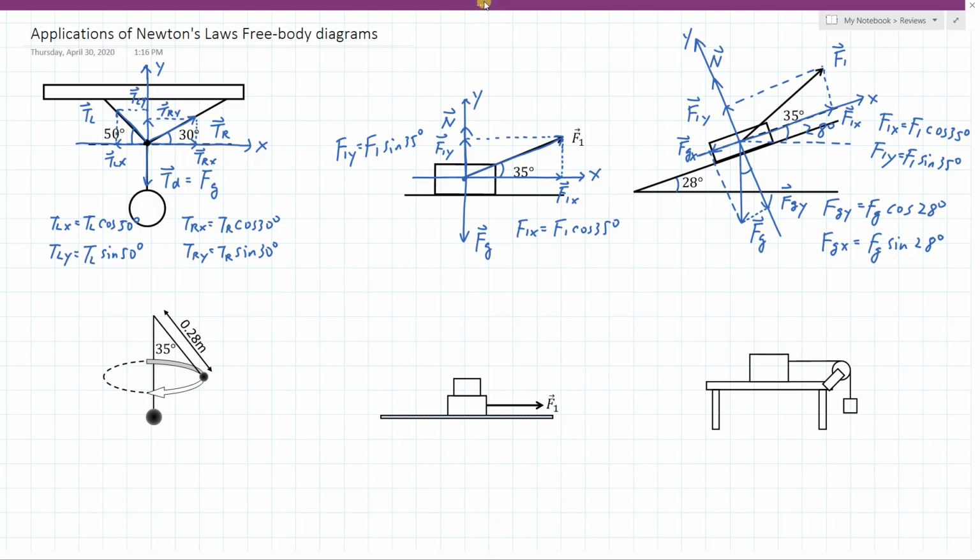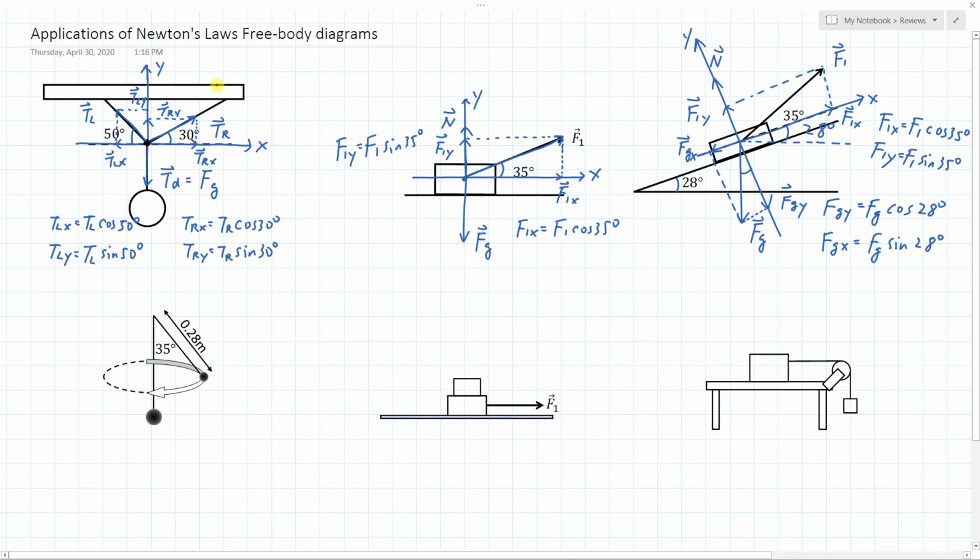And I need to point out the perpendicular. So here's a perpendicular. We're using this right angle triangle to decompose. So here's another perpendicular, right? We were using this right angle triangle to decompose that force.